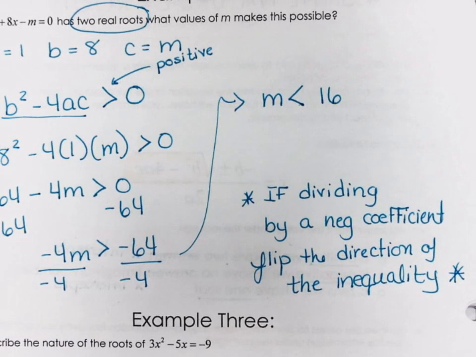And if it's a positive, you don't worry about flipping it. It's only if it's a negative coefficient. And that's why nobody remembers it because it's a really specific thing.